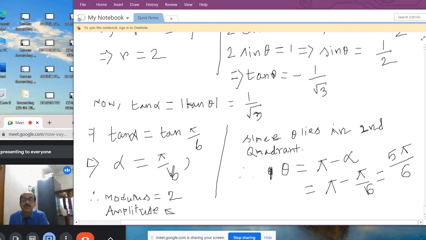Amplitude equal to 5 pi by 6. Okay, this is the answer.